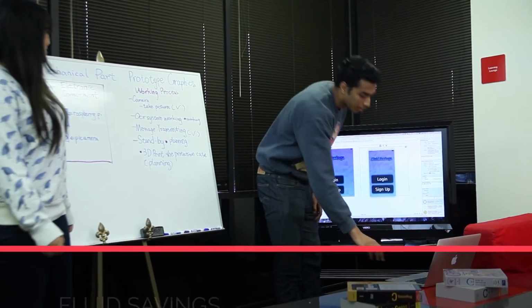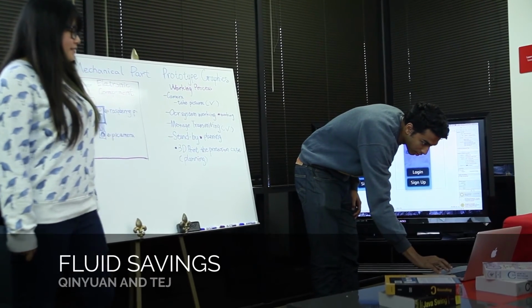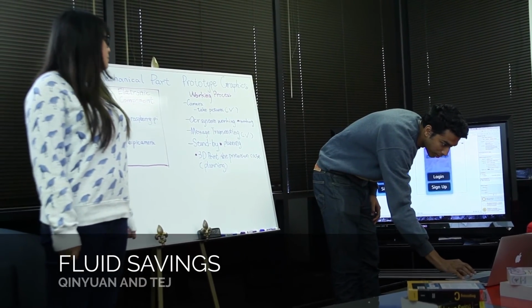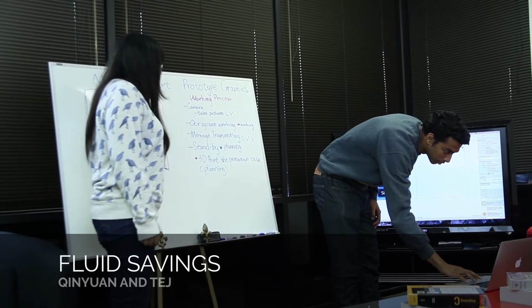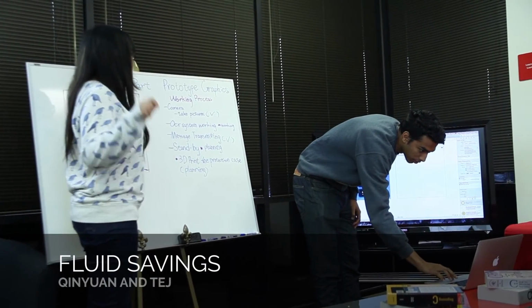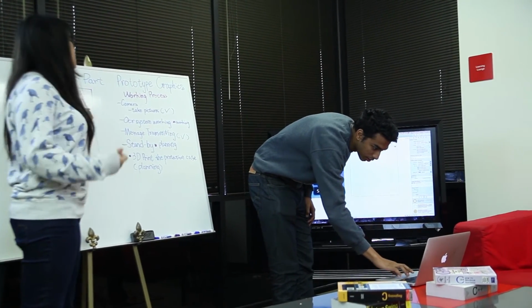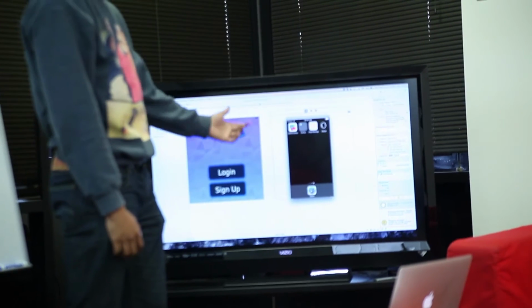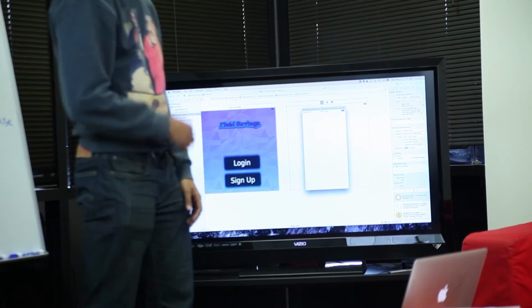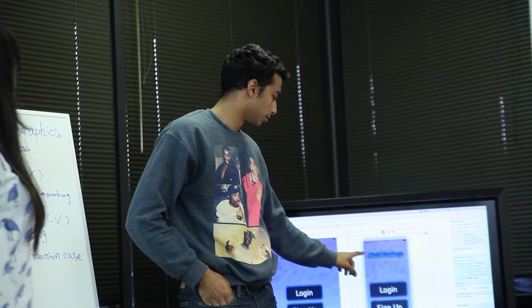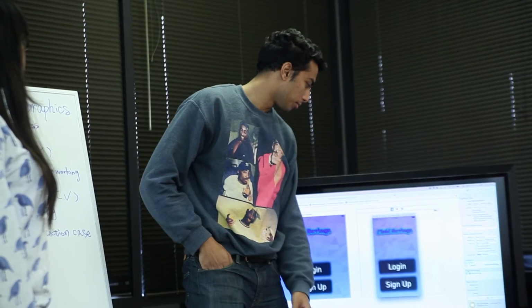Okay, so I'm gonna quickly simulate what we have so far with the app. This is running on what is simulated as an iPhone 5S. It pops up, and then the app loads up, and you have the logo, login, and sign up.